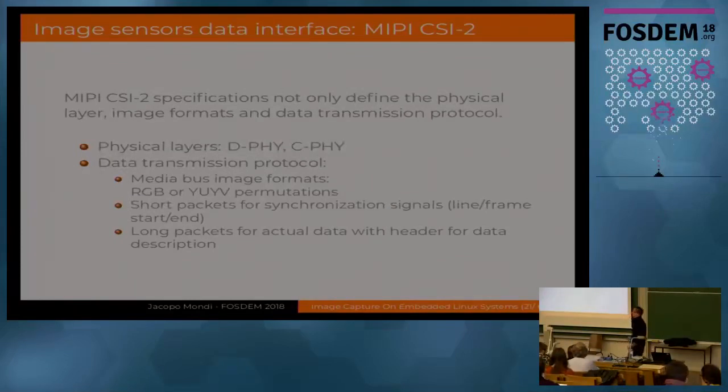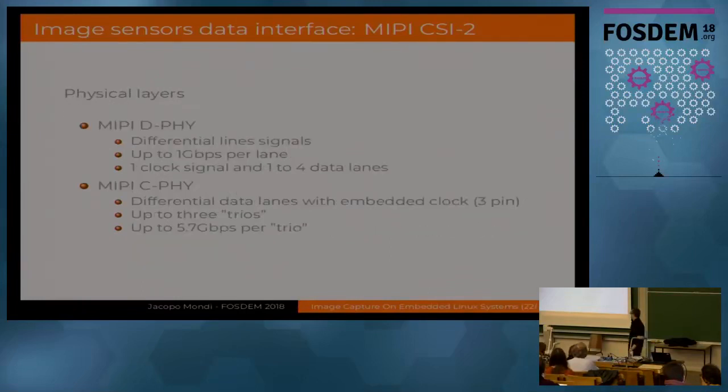So this is a much more comprehensive definition compared to the single parallel bus. And again, there are two physical layers that MIPI CSI-2 can use. D-PHY was the first one. It has quite a high bandwidth per lane, 1 gigabit. It has one clock signal for the whole bus and up to 4 data lanes.